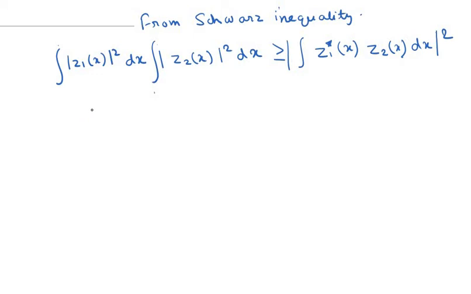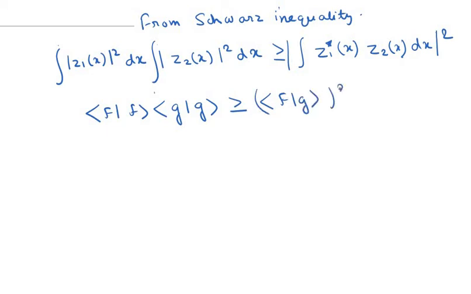So from this we have the condition that the inner product of f with itself times the inner product of g with itself must be greater than or equal to the square of the inner product of f and g. This is a direct result of this theorem. And what is this quantity? It is precisely sigma a square sigma b square.